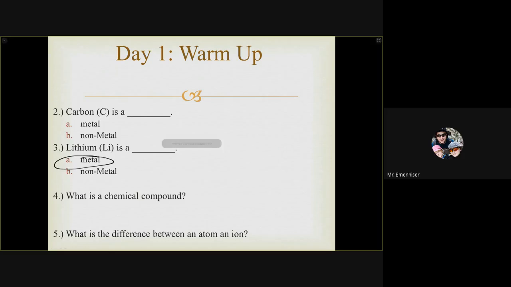What is a chemical compound? It's a pure substance, meaning that it's very consistent, so it's pure. You can't separate it by physical means. So it's a pure substance that can't be separated, and it's made out of 2 or more atoms.